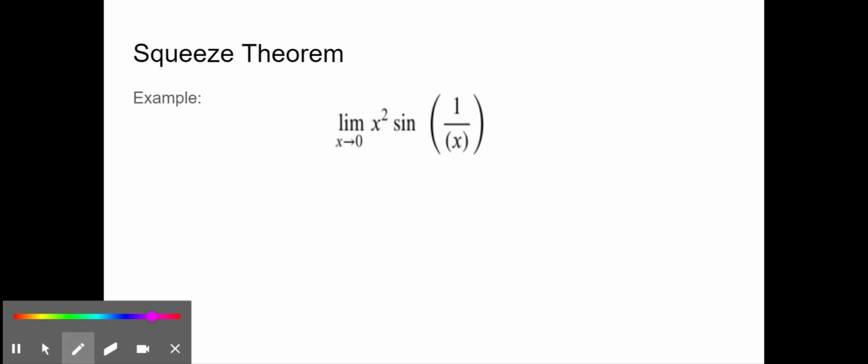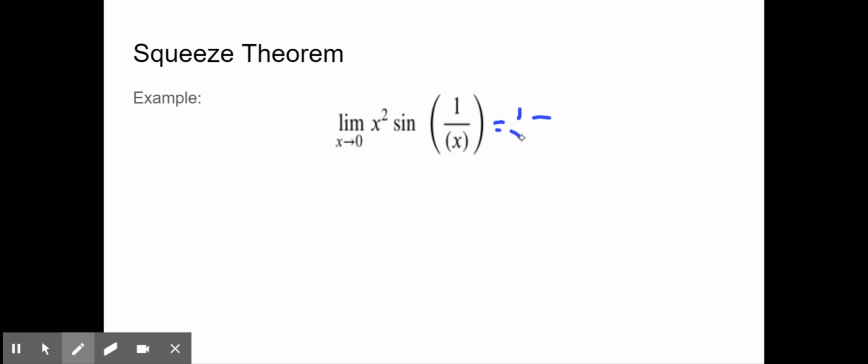Let's try to calculate the limit as x goes to 0 of x squared sine of 1 over x. So the first thing you'd always try to do when you do limits is separate these limits, right? We could write the limit as x goes to 0 of x squared times the limit as x goes to 0 of sine of 1 over x.